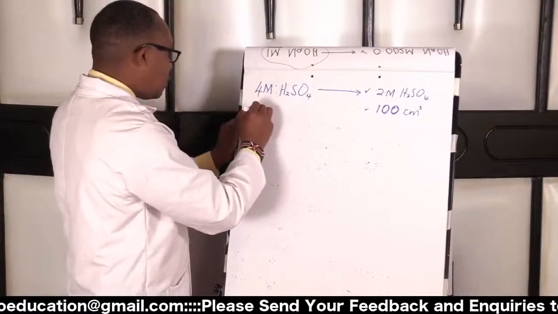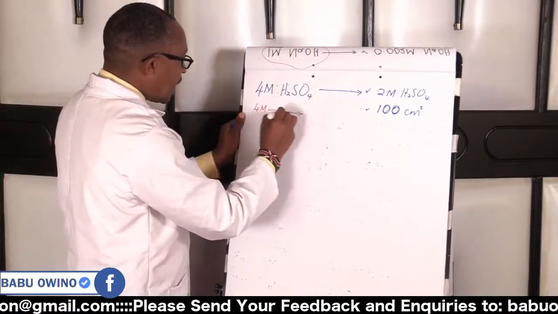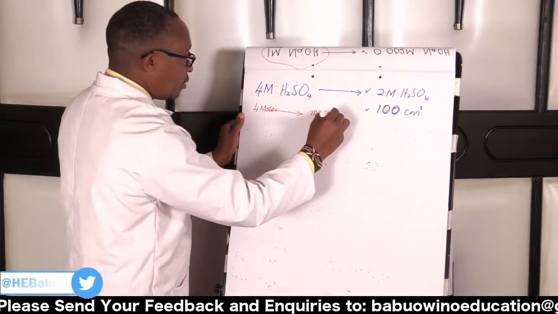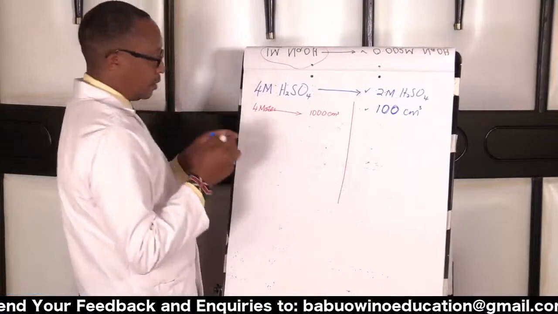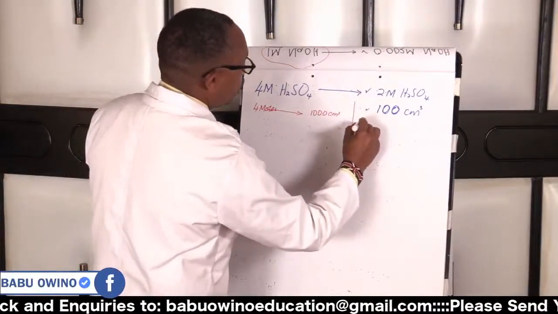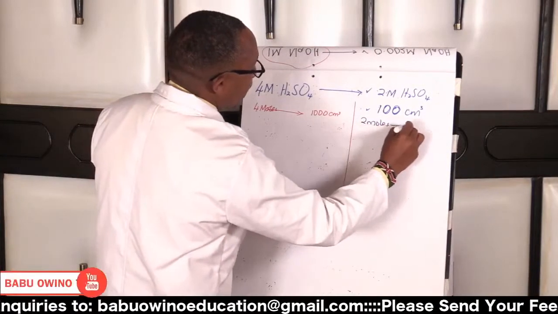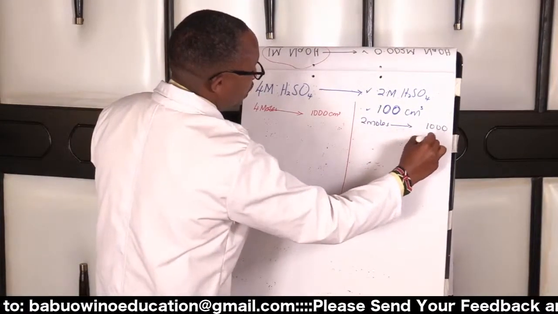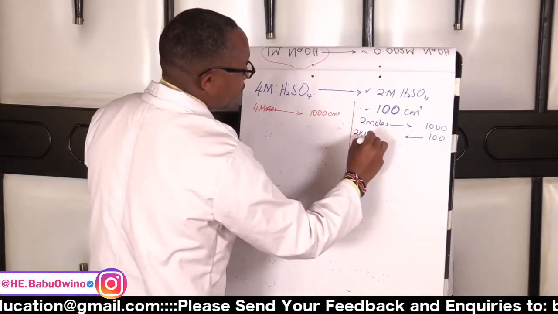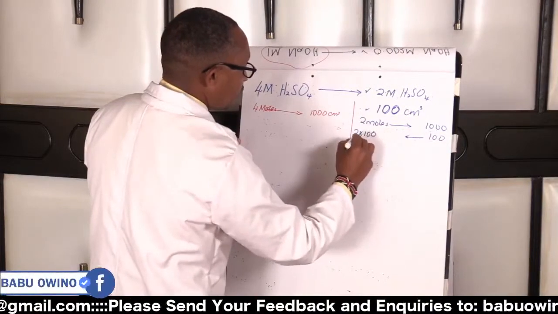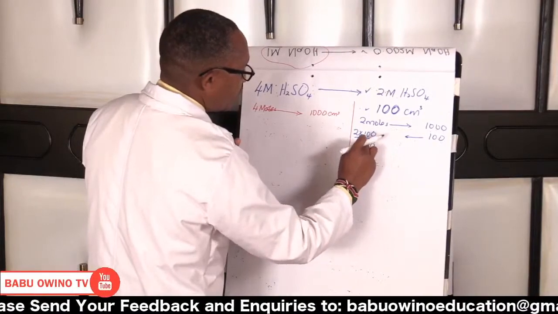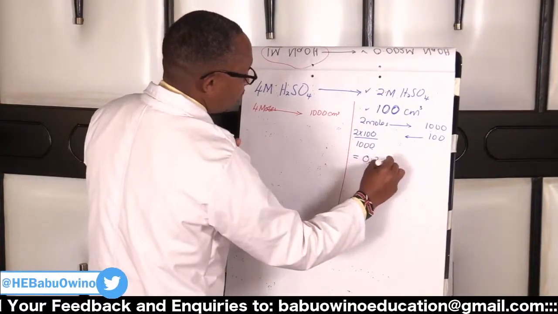Here we are saying 4 moles are in 1,000 centimeters cubed. Keep that one aside. Method 1 tells us, then we come here. 2 moles are in 1,000. What about 100? You require 2 times 100 divided by 1,000. This gives you 0.2 moles.